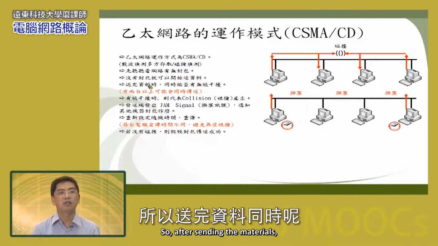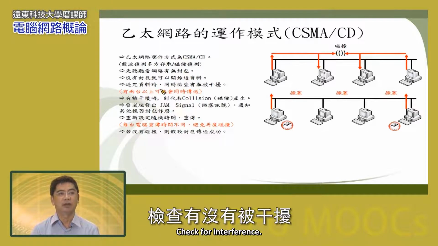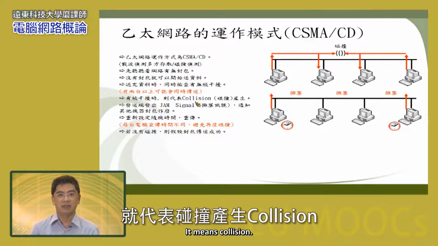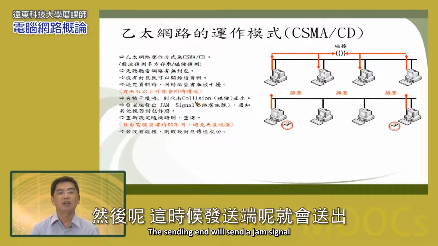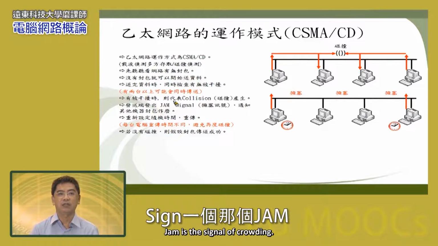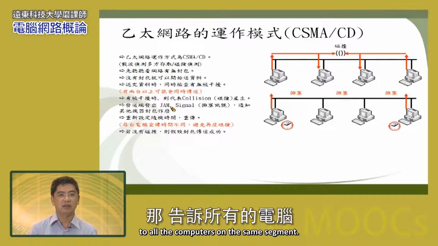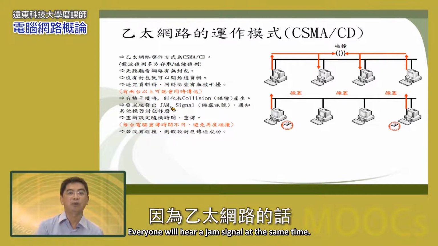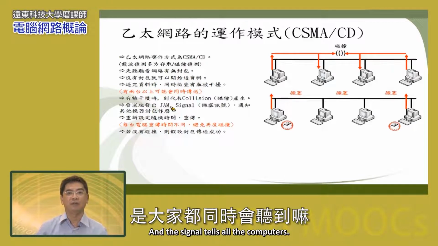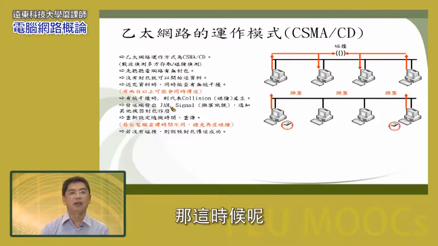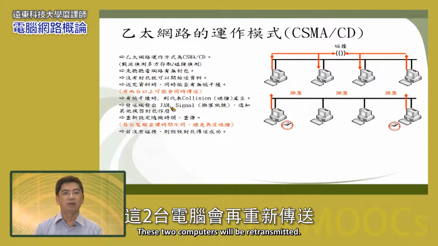So after sending the data, check for interference. If there is interference, it means a collision. The sending end will send a jam signal. Jam is a signal of crowding to all the computers on the same segment. Everyone hears the jam signal at the same time, and it tells all the computers this packet is invalid. These two computers will retransmit.